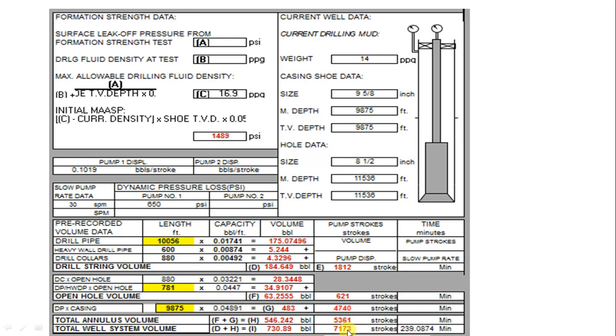By dividing this number of strokes by 30 strokes per minute, it will give you the total number of minutes, and the number of minutes can be rounded up, so it will be 240 minutes.